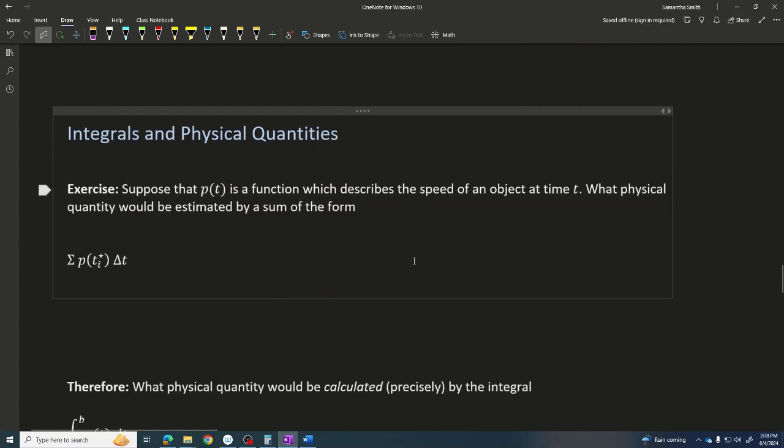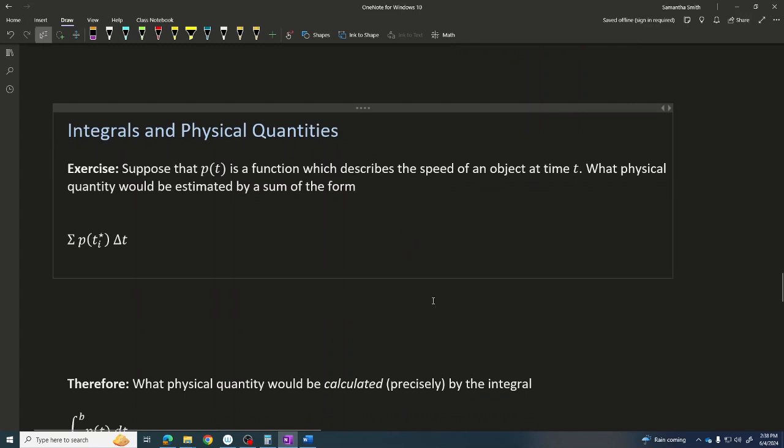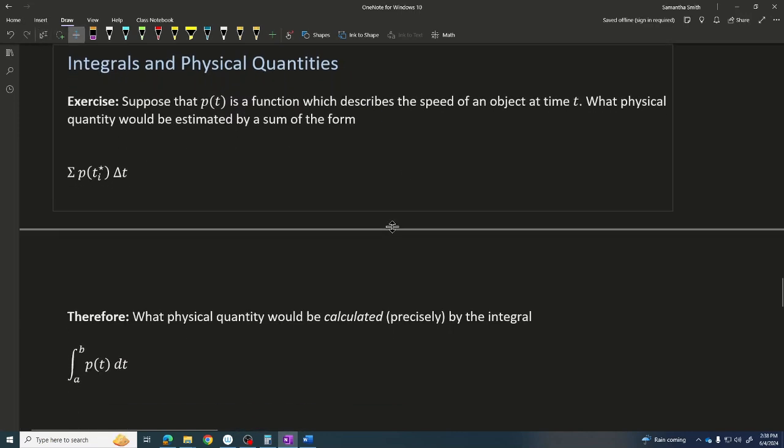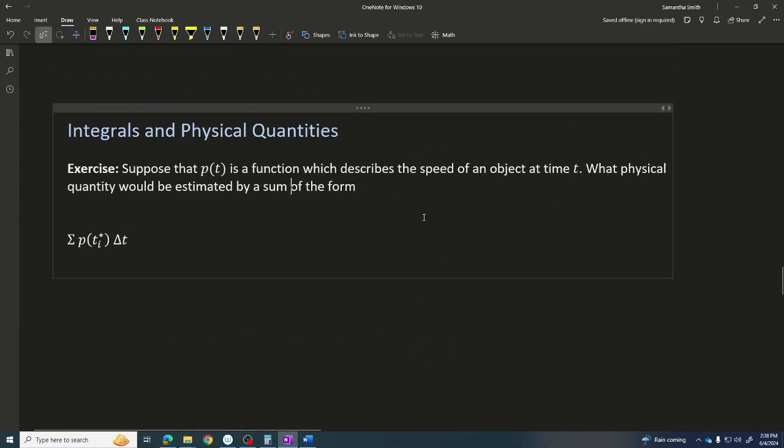So let's explore that. Say, for example, that I'm back in a season 1 scenario, and I have a function p of t, which describes the speed of an object at a time t. If p of t represents speed and t represents time, what physical quantity would be estimated by a sum like this one, a Riemann sum involving a product of speed and time?